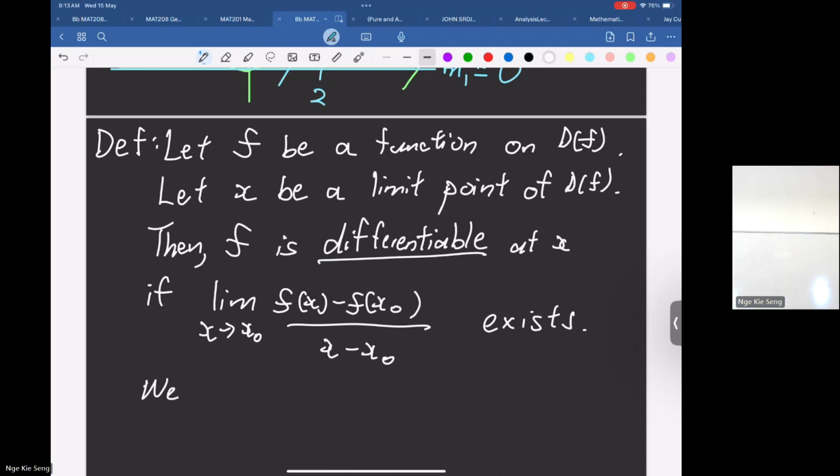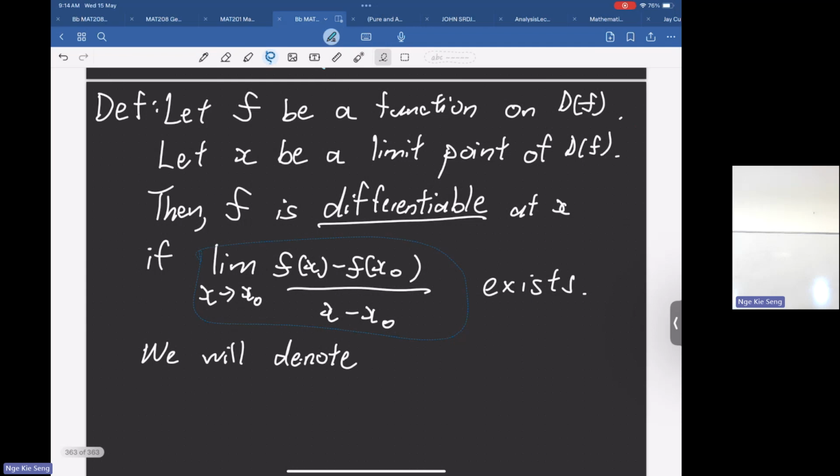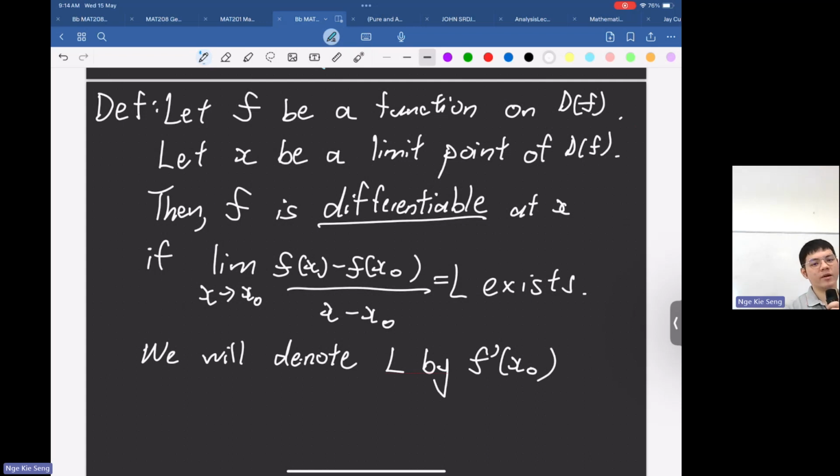And then we will denote this number, this limit here. So let's say equal L, and then we will denote L by f prime of x0. There are a few ways we write this, right? Remember in your calculus, what way we can write this?